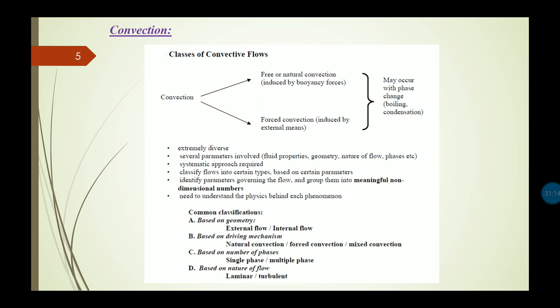Number C is based on number of phases, maybe single phase or multiple phase. And last, number D is based on nature of flow, which may be laminar or turbulent. All these different classifications will be discussed in later classes.